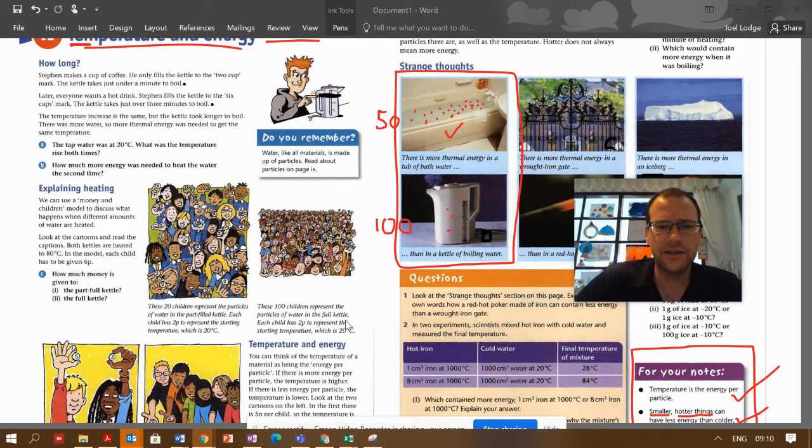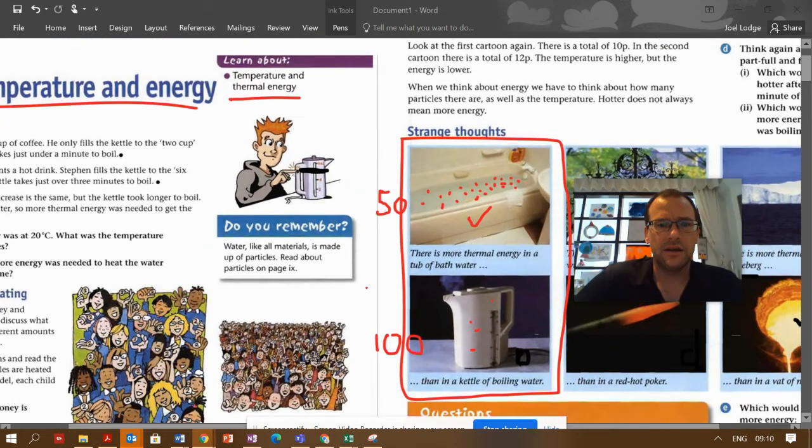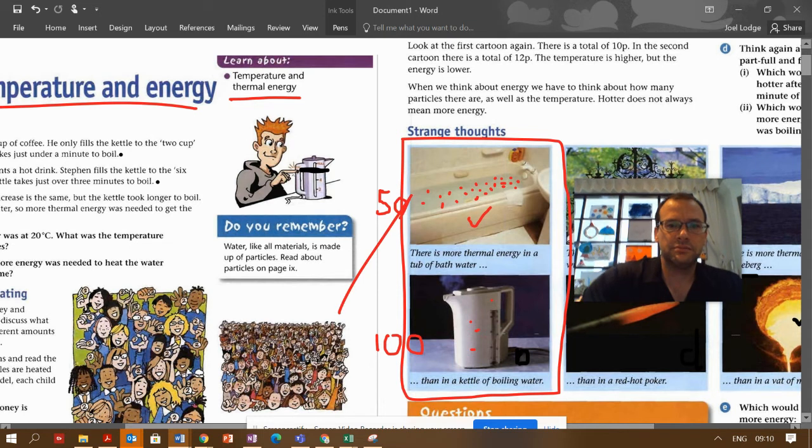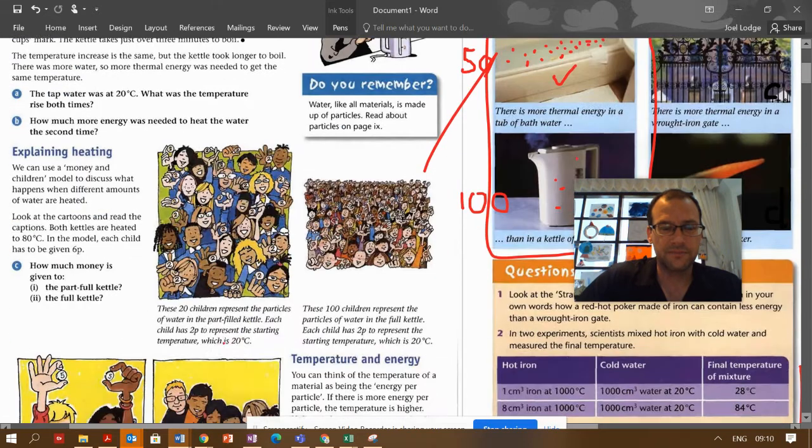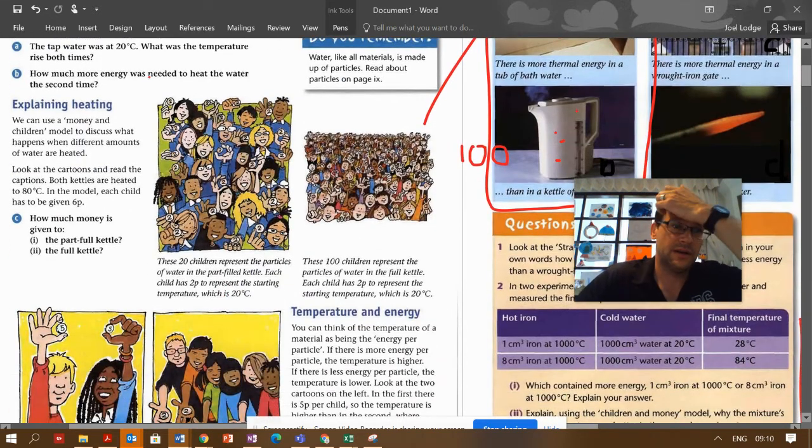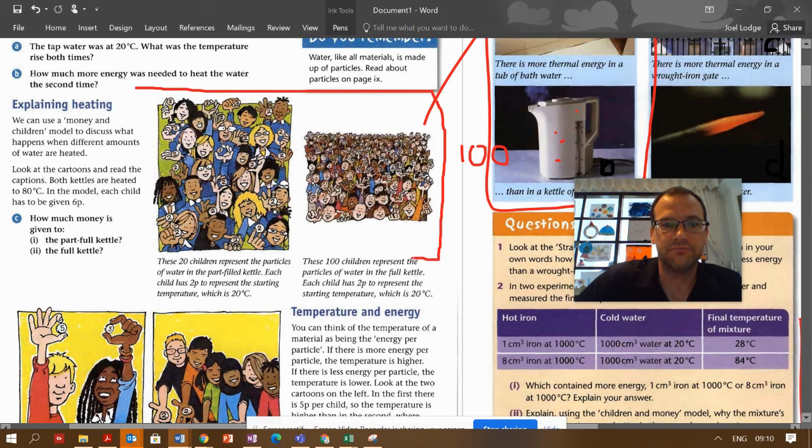So let's try and explain this then, shall we? We're going to use this model just here to help us. Okay, so this picture here is what we're going to look at now.